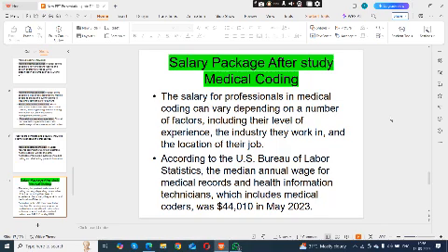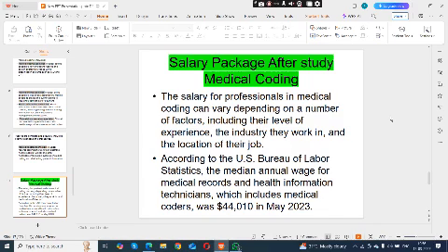Coming to the salary after medical coding study, the salary for professionals in medical coding can vary depending on a number of factors like their level of experience, the industry they are working in, and their location.